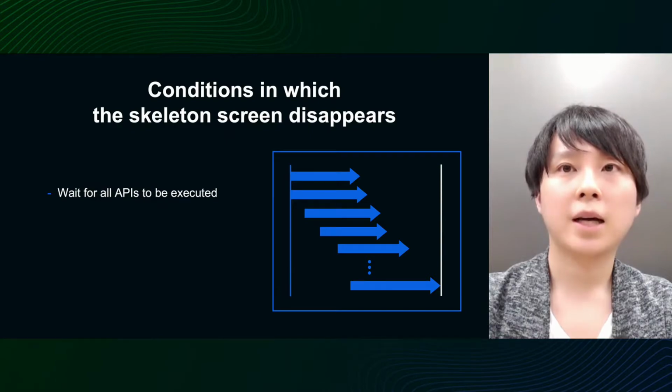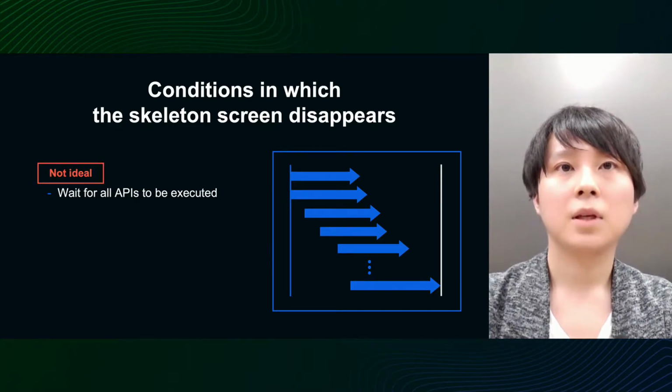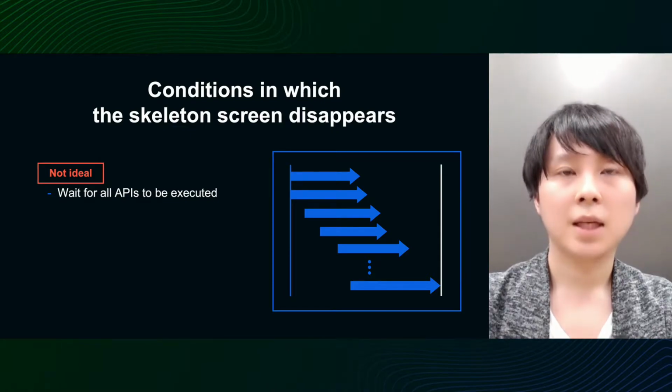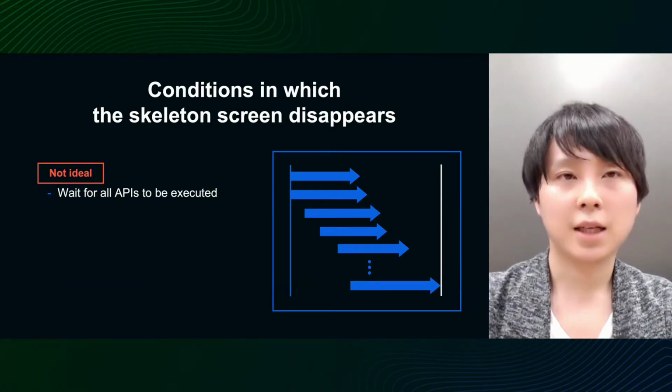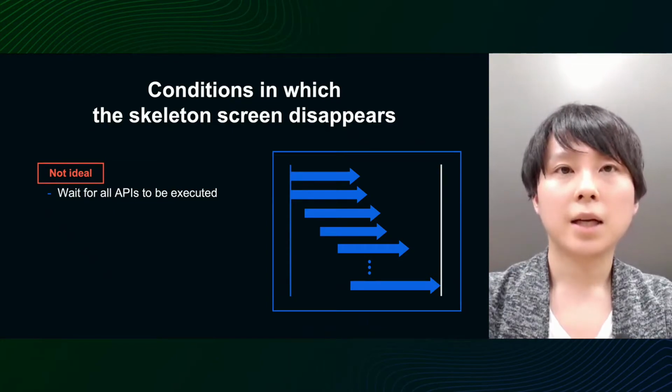For example, how about making it a condition that all APIs you are requesting must complete? This is not a good idea. In Line News, there are more than 20 APIs that are called immediately after opening a page. Therefore, if you wait for all APIs, it is very likely that the skeleton screen will be released extremely slowly.